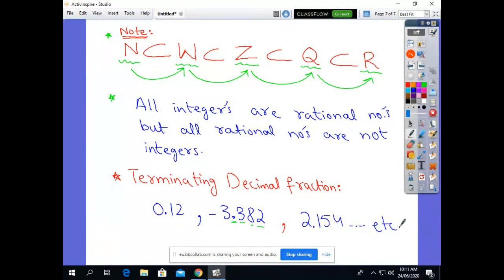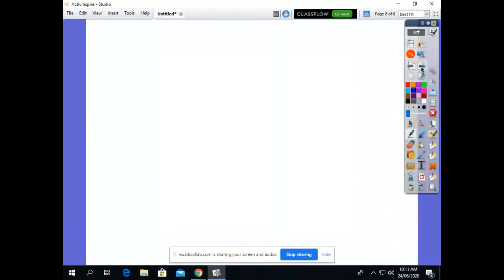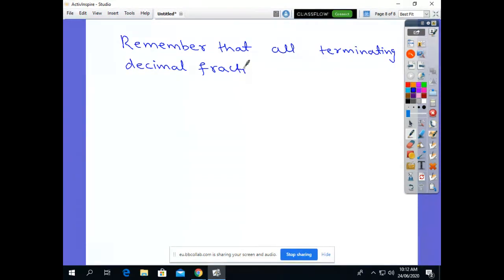Remember that all terminating decimal fractions are rational numbers.